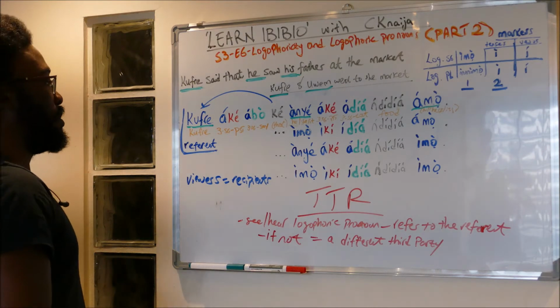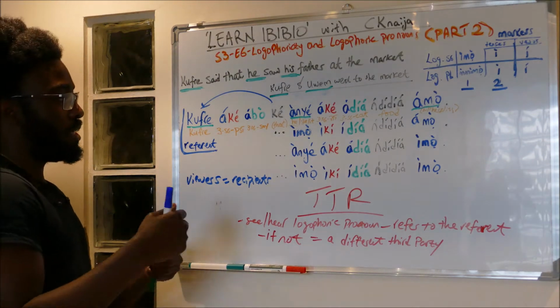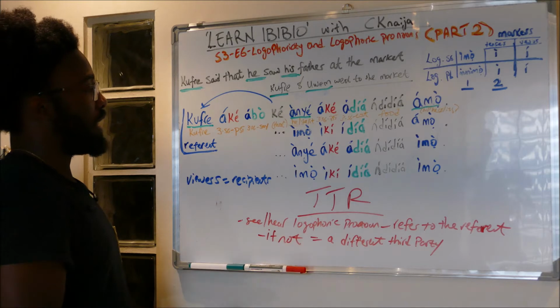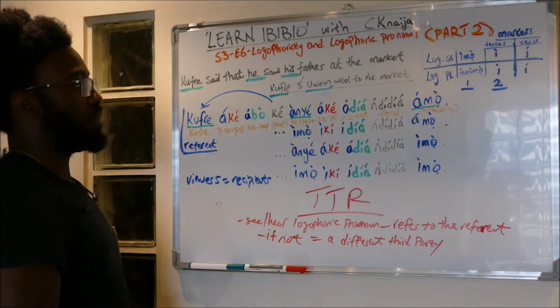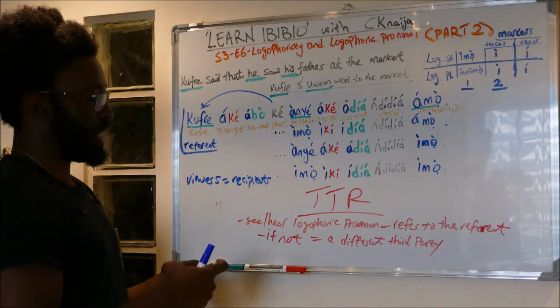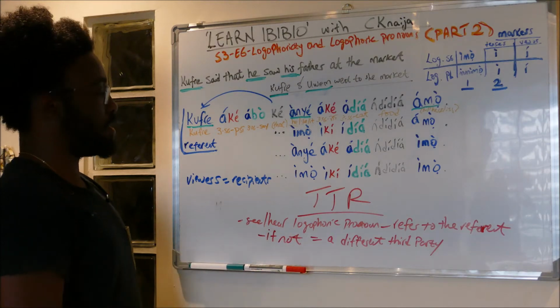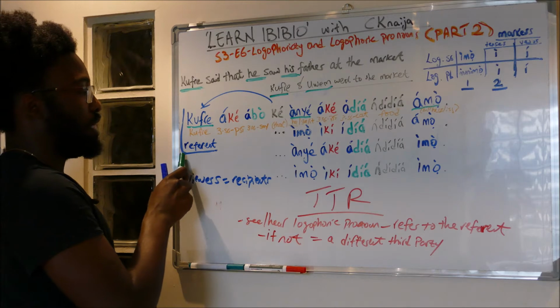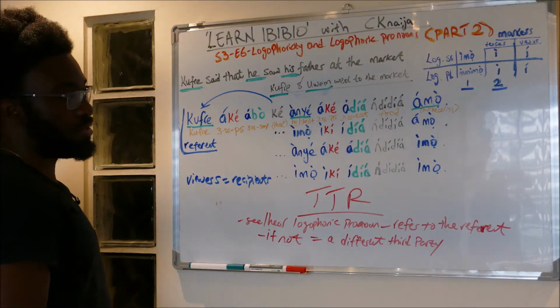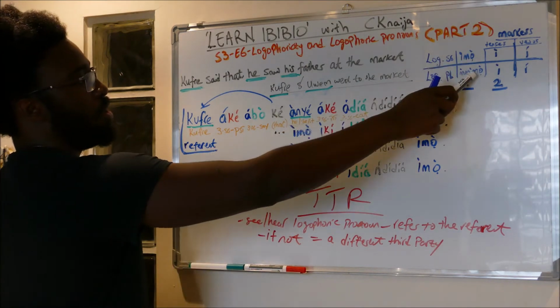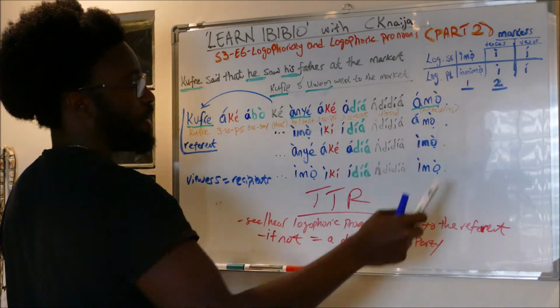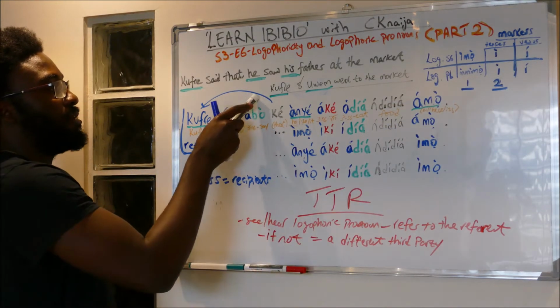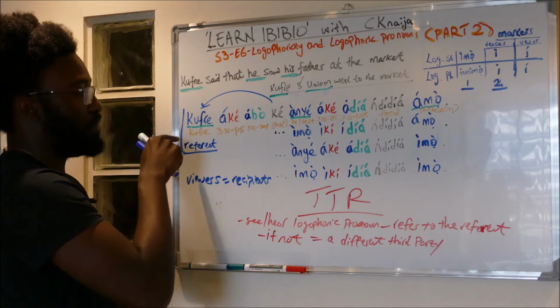Okay. So when I'm reporting the ideas, thoughts, or feelings of someone else, the person whose ideas, feelings, or thoughts are being reported is known as the referent, right? Once you encounter a logophoric pronoun or its markers, the first thing you do is refer back to the referent.